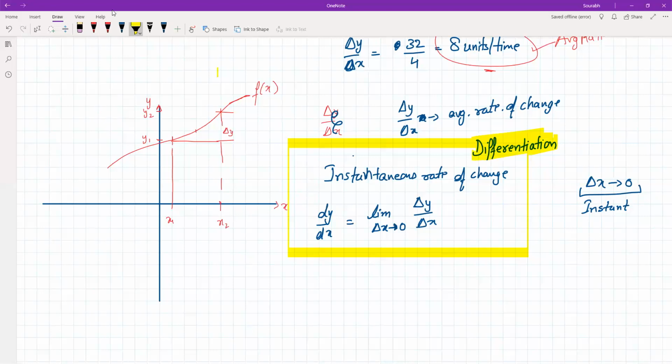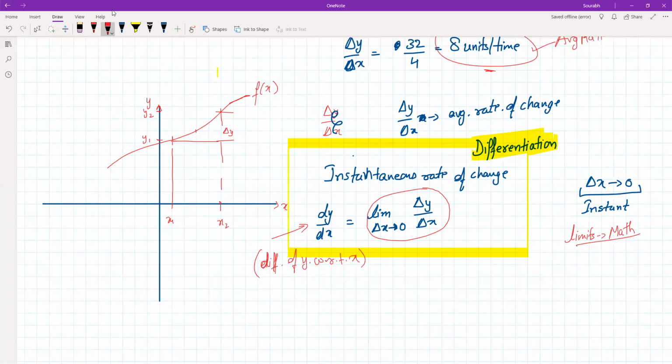But as you have already seen, for this, what should we know? We should know how to find the limits. Obviously, that we'll study later, correct? So this limits we'll study in math. For the time being, we should know that this is called differentiation of y with respect to x.